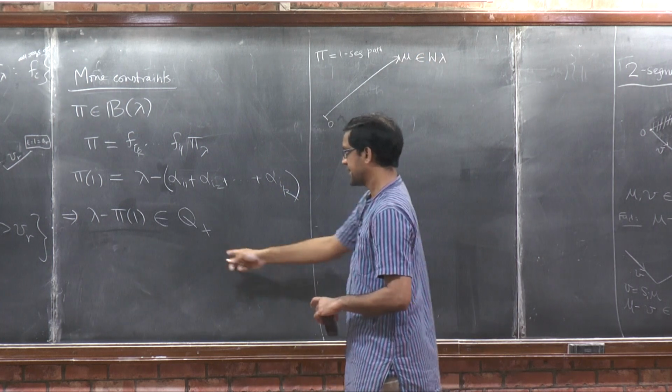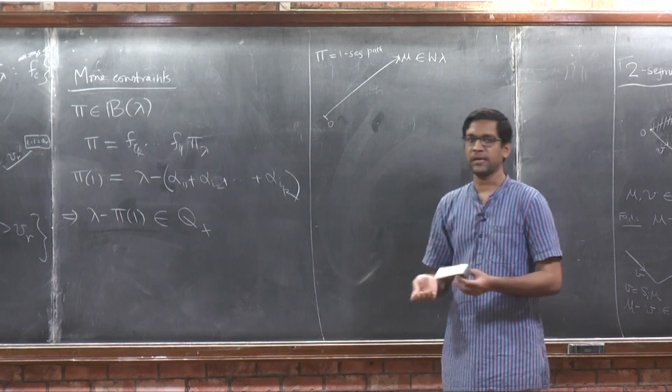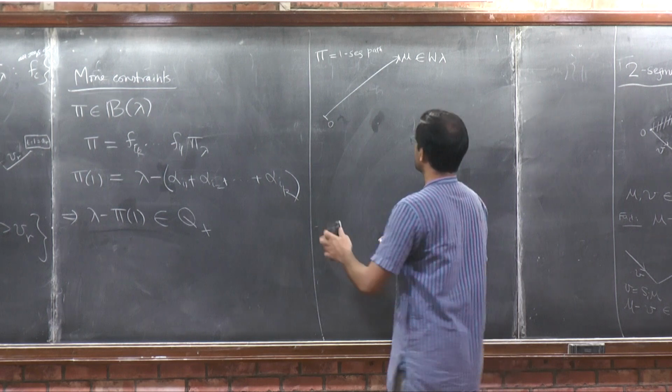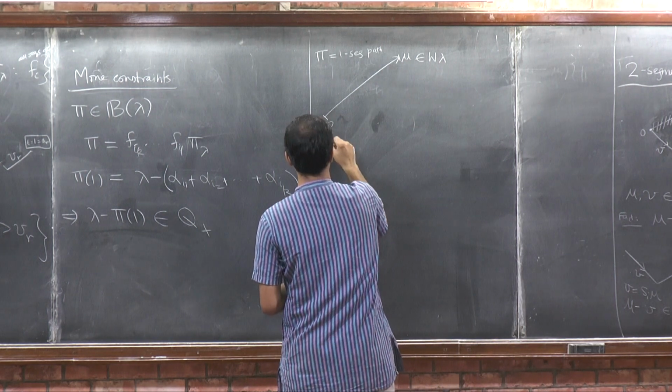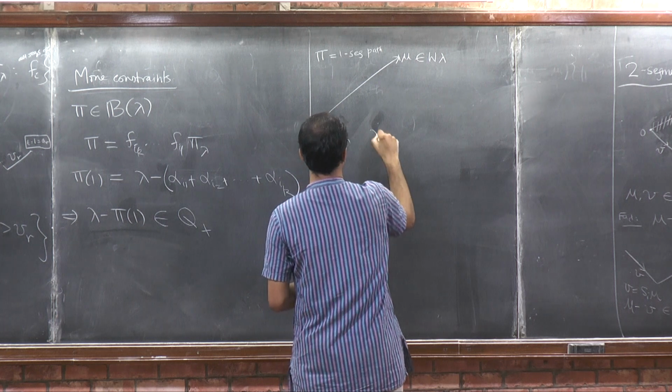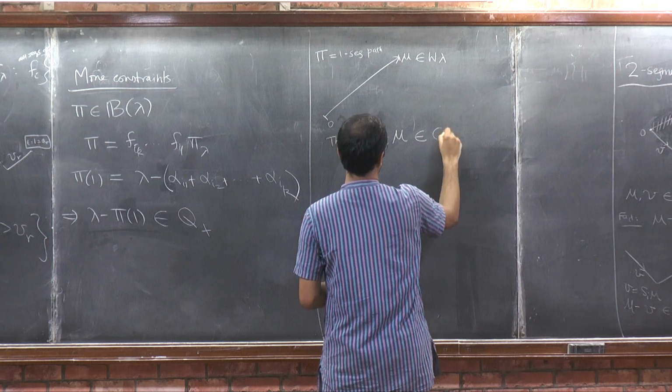Then this condition, lambda minus pi 1 is in q plus, is automatically satisfied. If I take any Weyl conjugate, then lambda minus any Weyl conjugate of lambda is automatically in q plus.